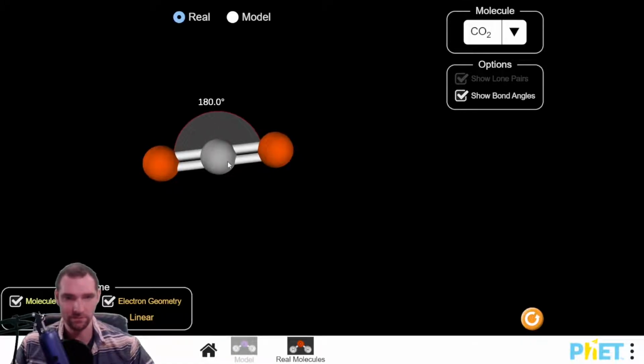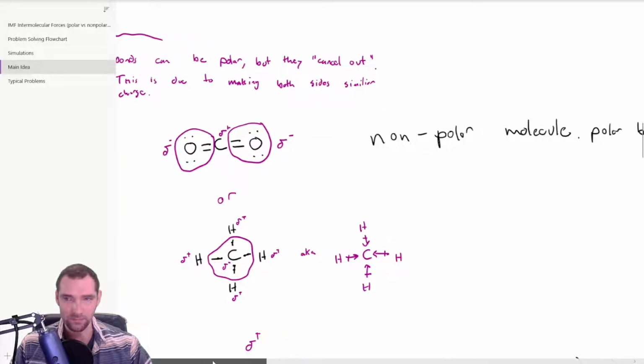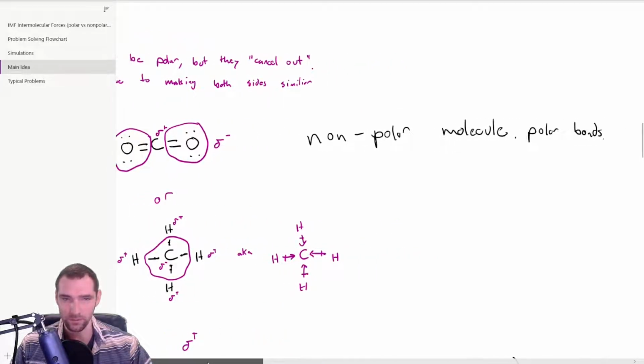So you can have, in the center, kind of a positive core and a negative outside, or two sides to it. But if you were to draw a line of symmetry through it, the charges should cancel each other out no matter how you cut it. And so these things are nonpolar molecules, even though they have polar bonds in them.